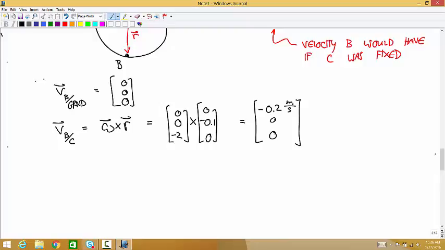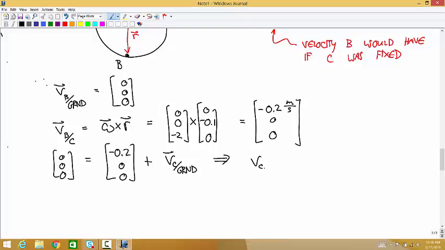Okay, so now we can put it together in the relative motion equation. So we have 0 is equal to negative 0.2 plus the velocity of C relative to the ground.